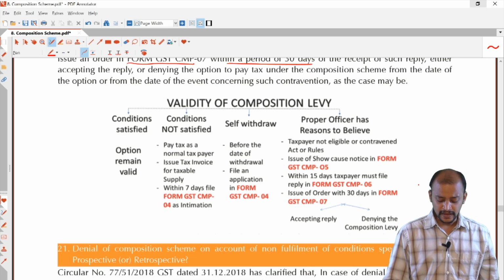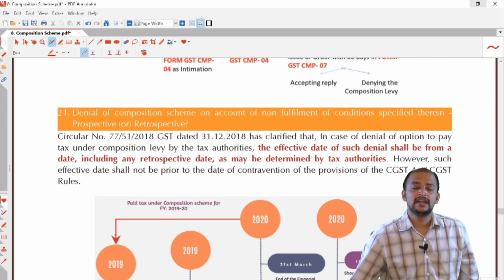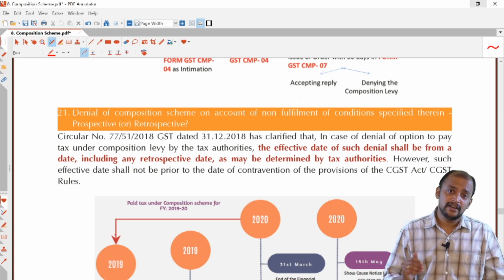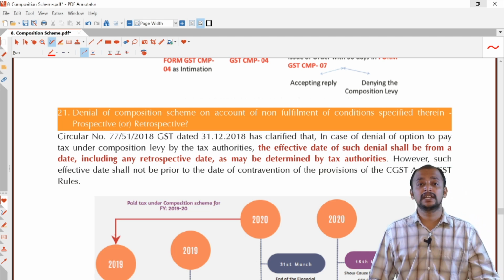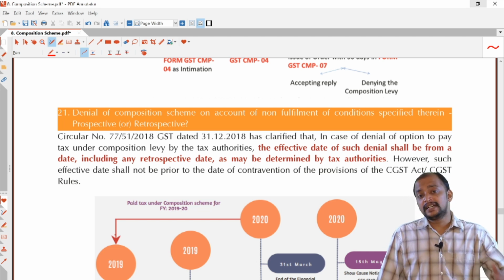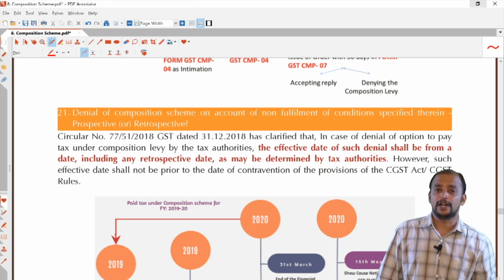Now, there is one important FAQ here. Suppose the composition levy has been withdrawn, not because you voluntarily withdrew, but because the officer passed an order to cancel the composition levy. Whether this date of cancellation is prospective or retrospective?